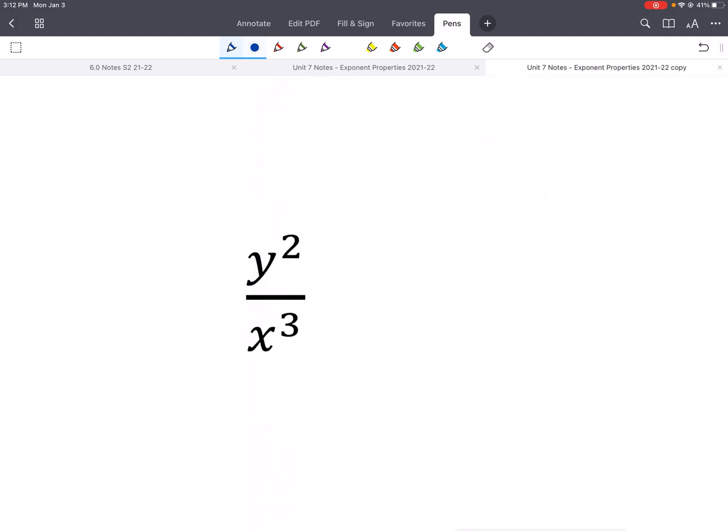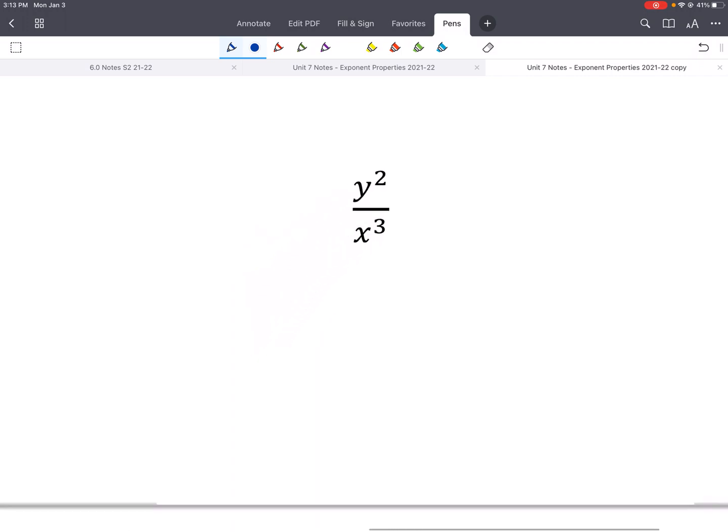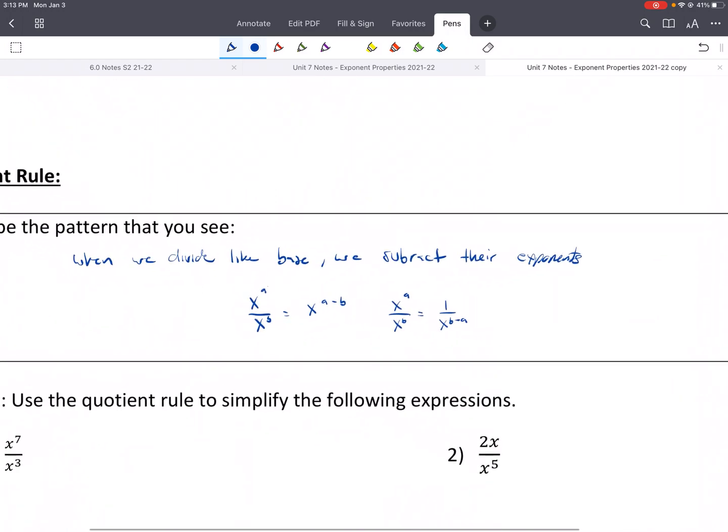Here's another example. But we have y on top and x as our variable on the bottom. Those are not the same. So we can only use these rules if they have the same base. Okay, so that's why we wrote here, when we divide like bases, we subtract their exponents.